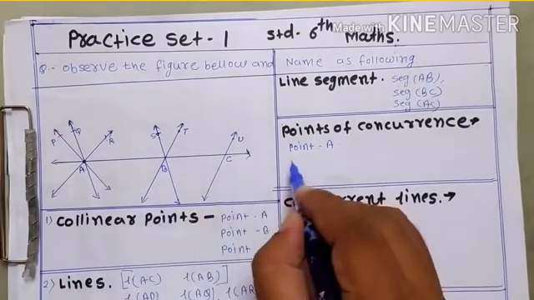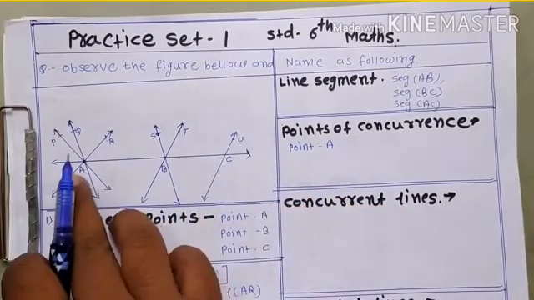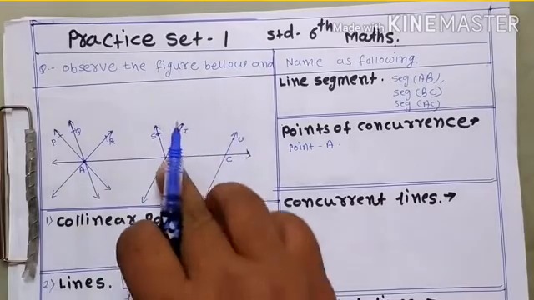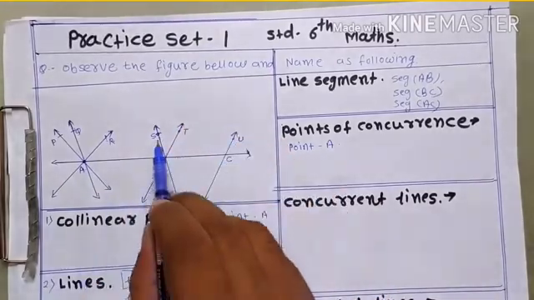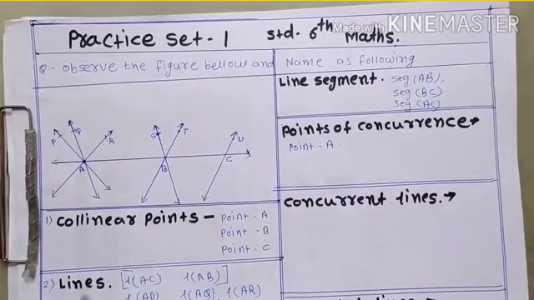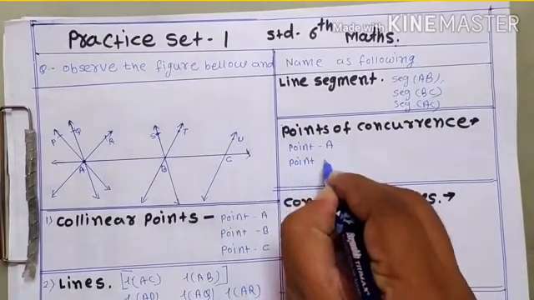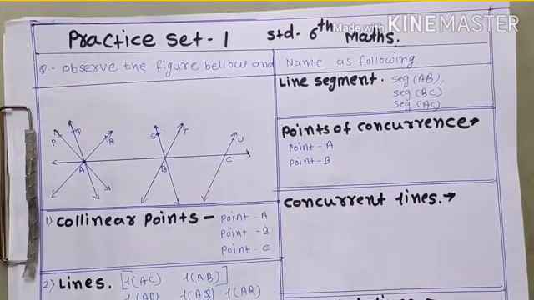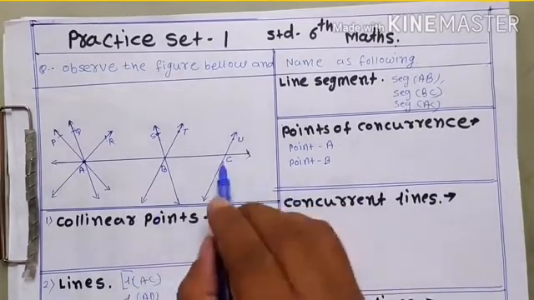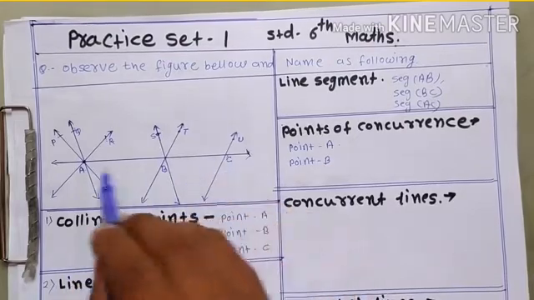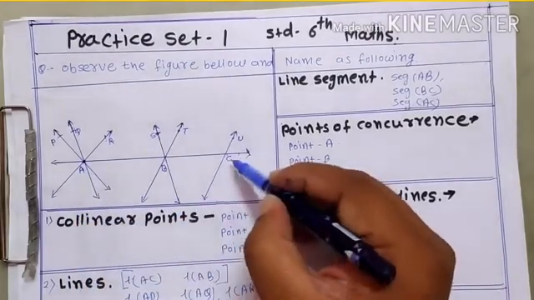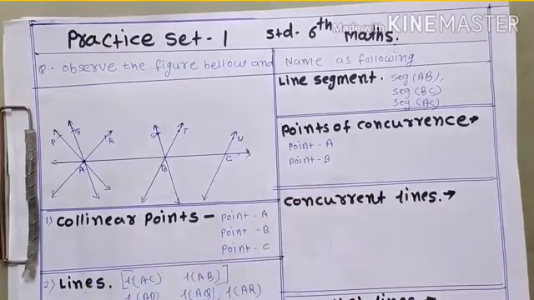Next, point B, there are 3 lines: main line AC, line BT and line BS. There are 3 lines passing through the point B. So this is more than 2, hence point B is also a point of concurrence. Next, point C, there are 2 lines passing through the point C, horizontal line AC and line CU.